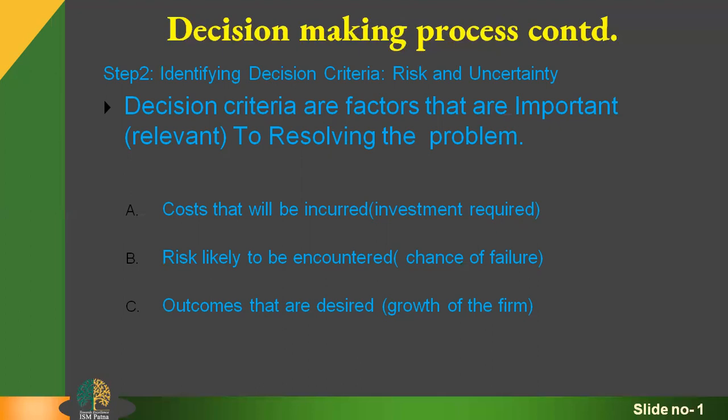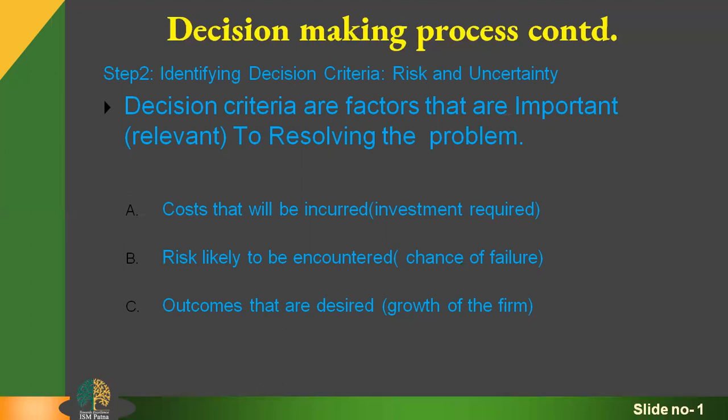So to take the decision on the identified problem, again the people have to decide some criteria, and these criteria should be relevant to the context of the problem, and on the basis of these decision criteria only can a decision be made for providing a foolproof solution. Okay, fine.